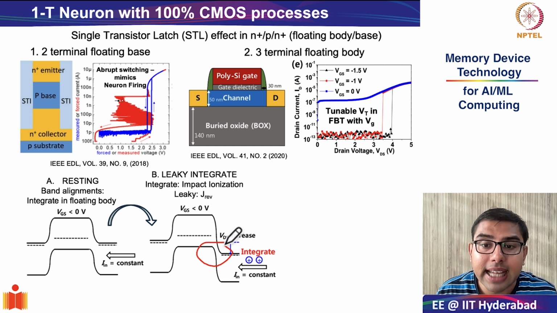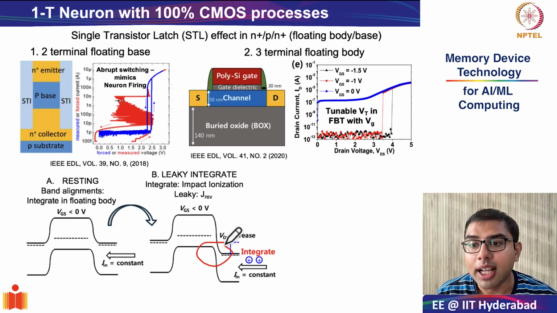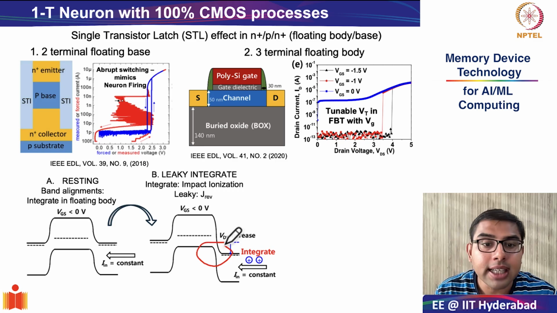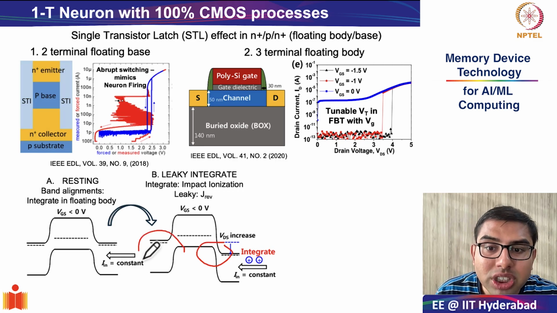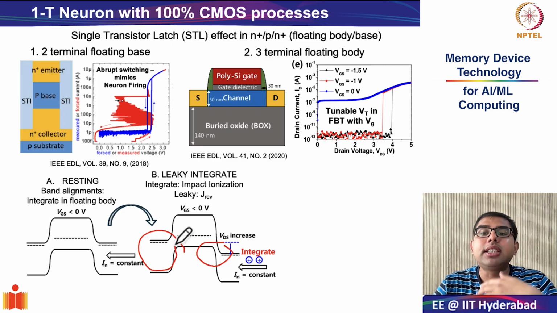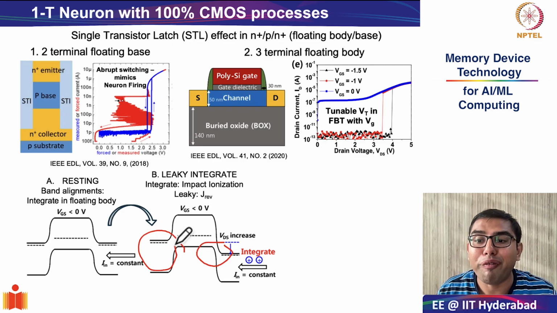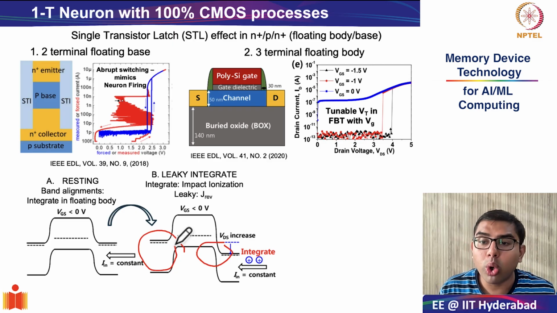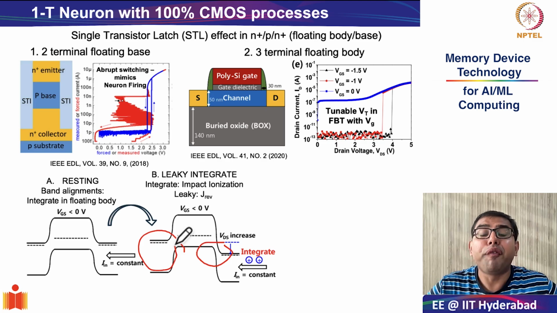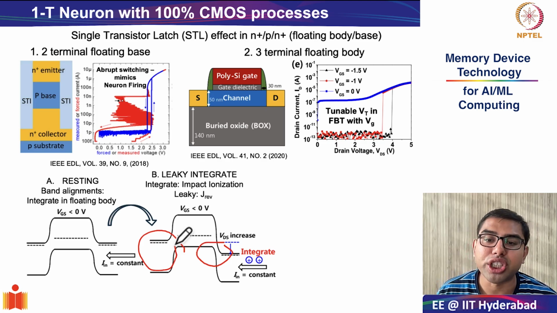And what happens is that the holes get trapped inside the floating body region, which forward biases the body source junction. And this creates a positive regenerative feedback loop because more holes increase conduction, which further increases the electric field, accelerating the impact ionization process.